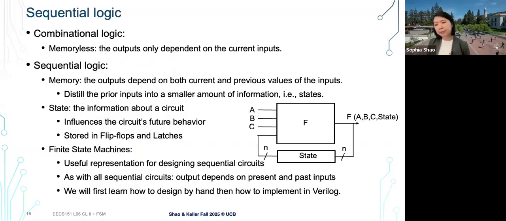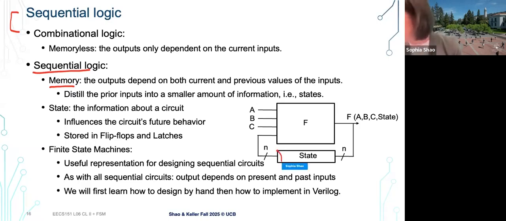So just a quick recap, we have been talking about fundamental building blocks of digital hardware: sequential logic and combinational logic. We mentioned combinational logic is basically output only depends on the input. There are no states. But for sequential logic, there is memory, right? There is a state component that remembers in some way what has been accumulated in the past.